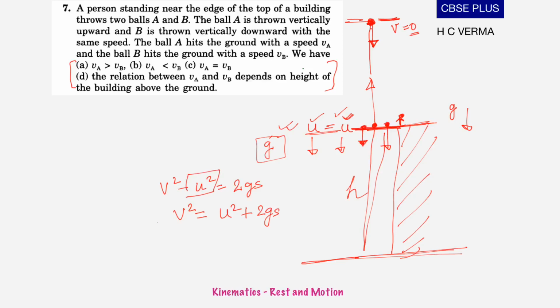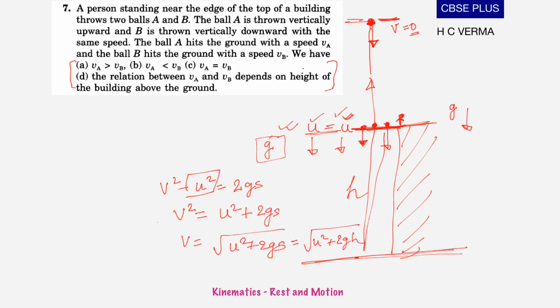The minus u square goes to the right hand side and becomes plus u square plus 2gs, so v is equal to under root u square plus 2gs. S is the height, and we have already defined it as h, so that will be u square plus 2gh.